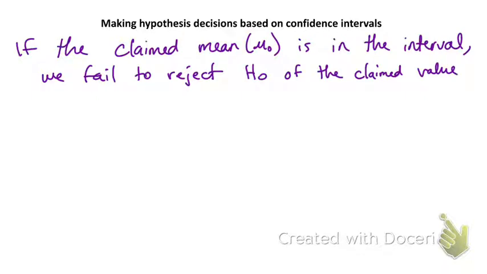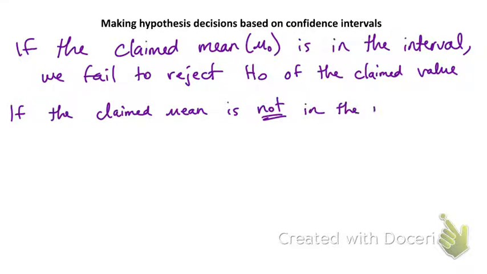So it should hopefully make sense that if the claimed mean is not in the interval, we reject the null hypothesis. If the claimed value is not in the interval of possible values, we should reject that value.